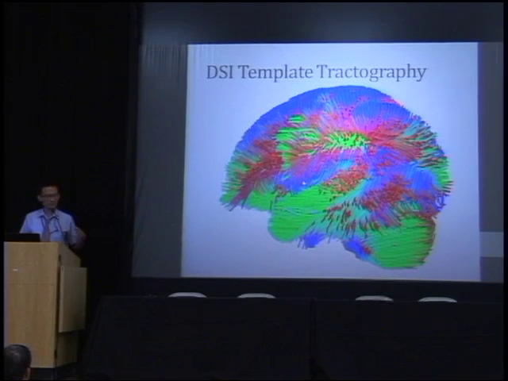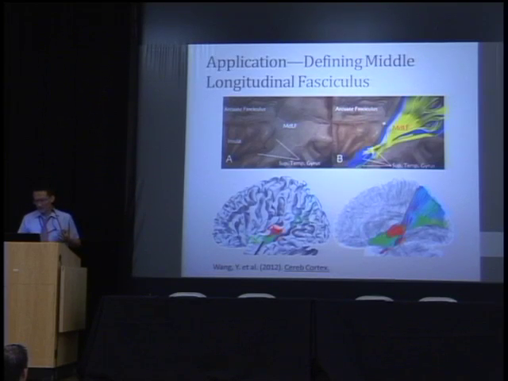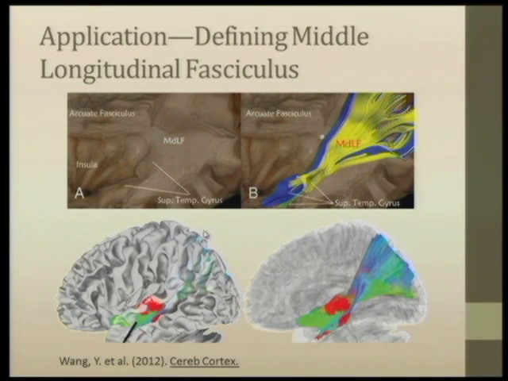It can also be used for structural connectivity studies and to study the pathways of fiber tracts, for example. Here's a paper published last month by the neurosurgeons at UPMC. They did a microdissection to define a pathway called the middle longitudinal fasciculus, and they claim that the pathway stops at the superior temporal gyrus, but they could only do a limited number of subjects.